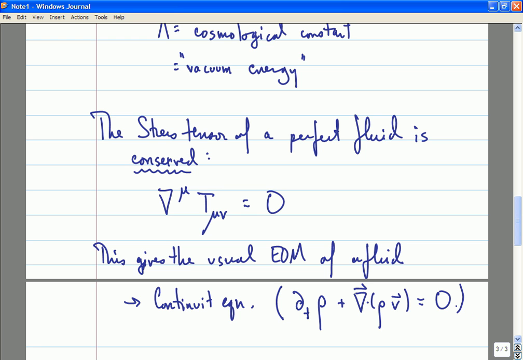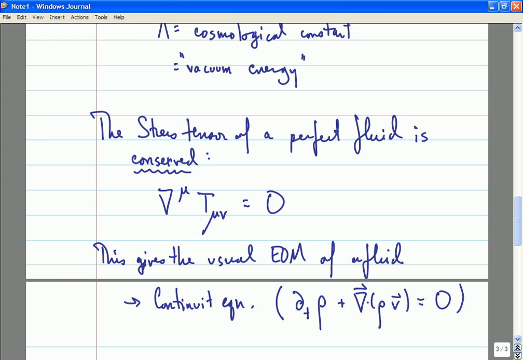Here I've neglected all of the pressure terms and set the velocity to be small compared to the speed of light. But you can check that in this limit, this equation for the conservation of the stress energy tensor just leads to the usual continuity equation.